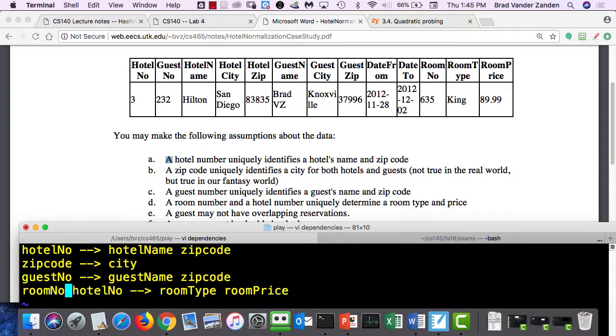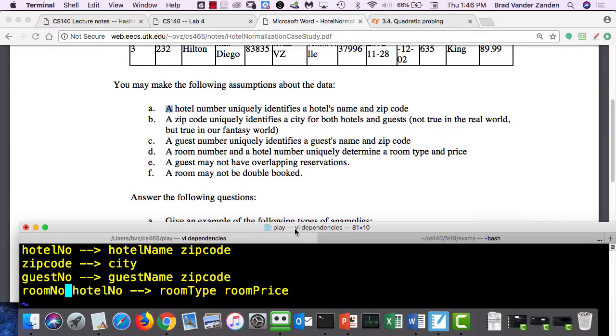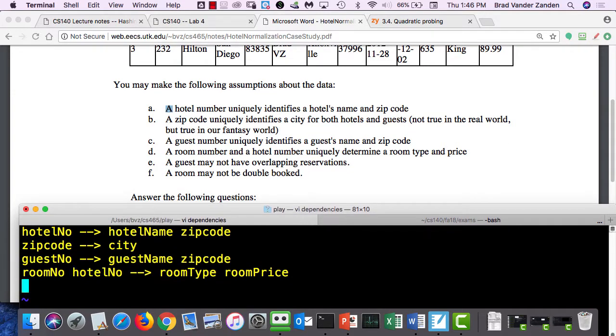Okay, then E, now we get E and F are the interesting ones. When an instructor says interesting, means difficult. Okay, not obvious. So E, a guest may not have overlapping reservations.